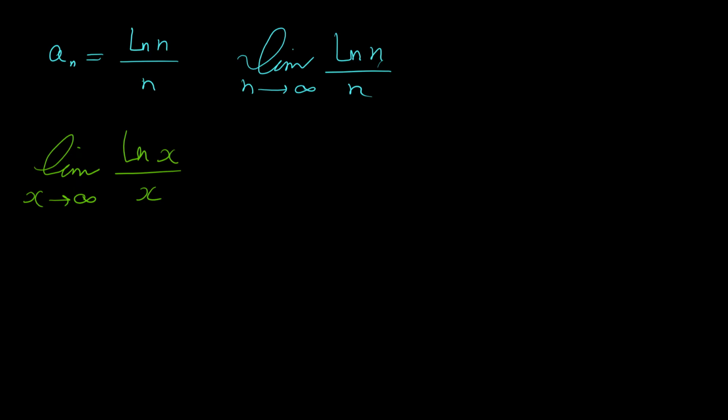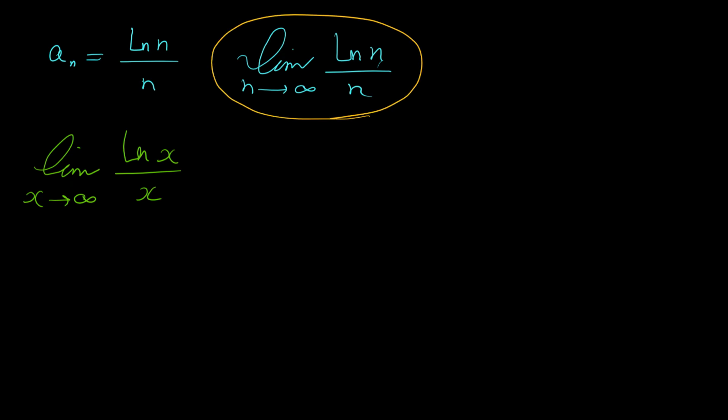Because attention: when you write n, it is an integer number, and you cannot take the derivative of an expression when the variable is only an integer. You have to change the name of the variable from n to x, then x belongs to real numbers. Then it makes sense to use L'Hopital rule.